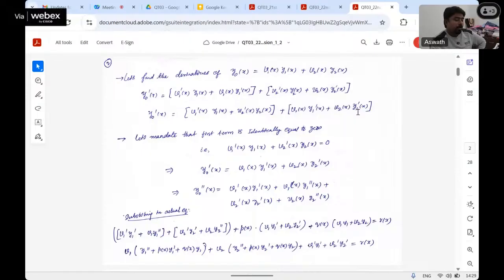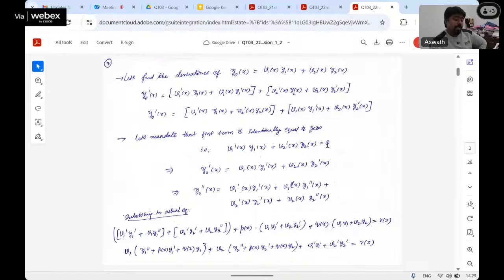Right? So now let's mandate that v1' y1 plus v2' y2 could be 0. Again, I'm making an assumption that is possible. Individually v1' and v2' cannot go to 0, but together, multiplied with y1 and y2, they can go to 0.